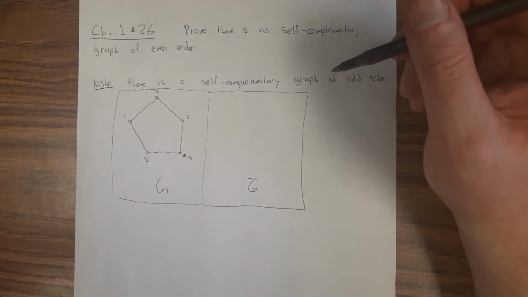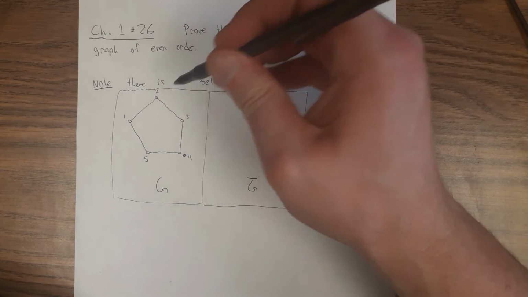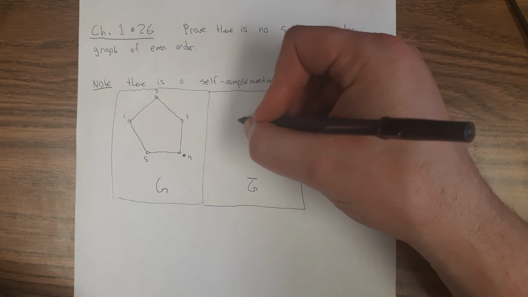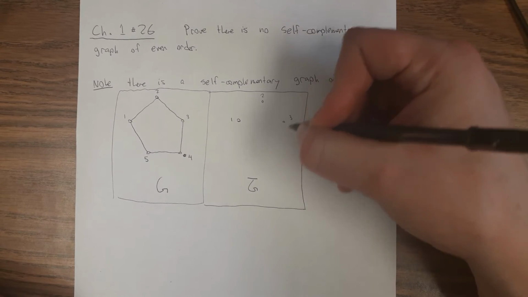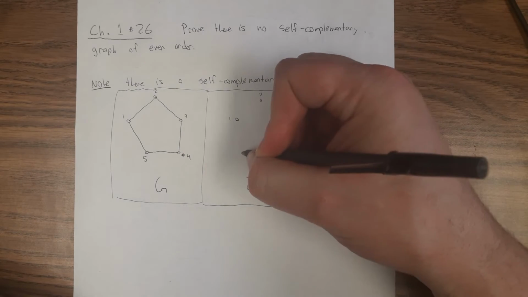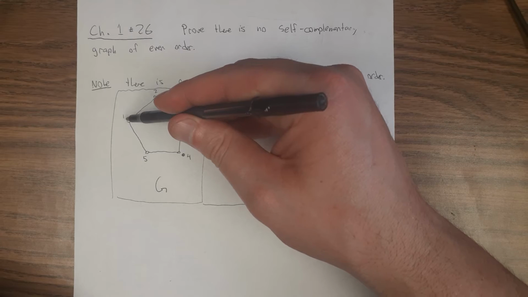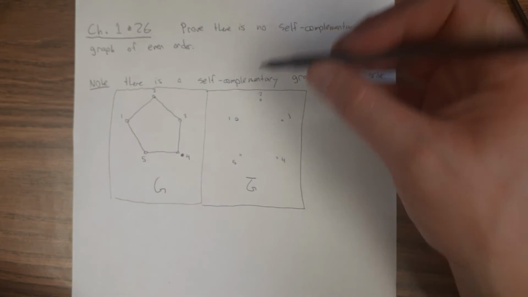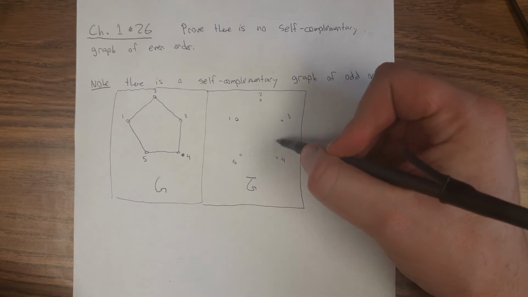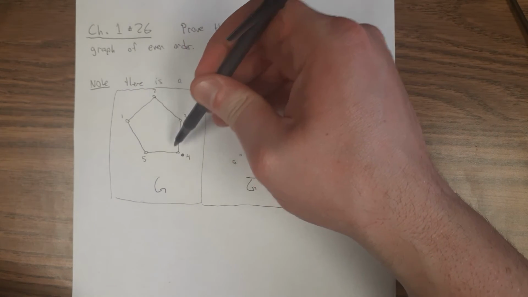Right, so we're good. But the complement of a graph, it has the same vertices, so I'm just going to draw a 1, a 2, a 3, a 4, a 5. And it doesn't have any of the edges that G has, so it's not going to have any of these edges. And it has all the possible edges that G doesn't have.